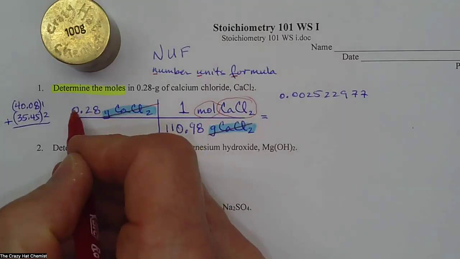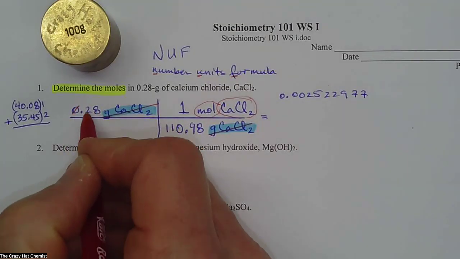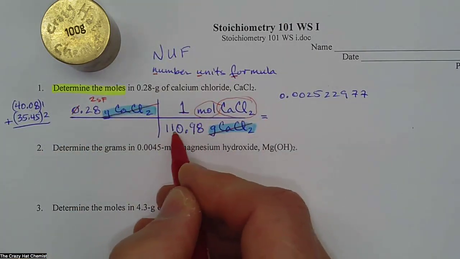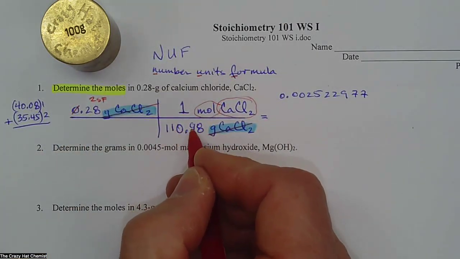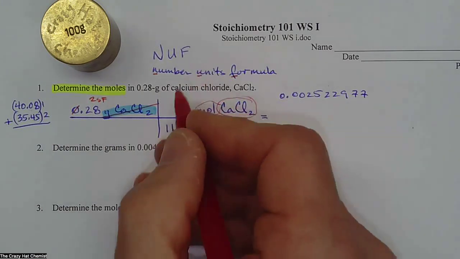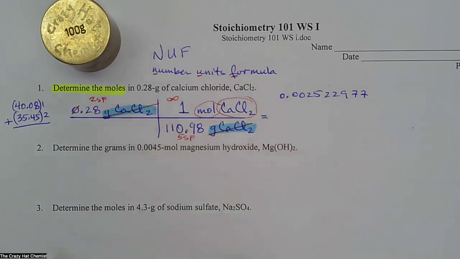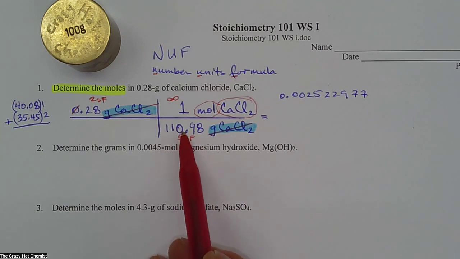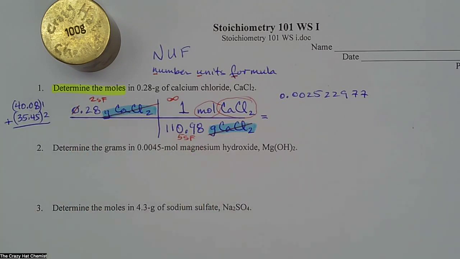This number has leading zeros, which do not count. This number has 2 significant figures. This denominator number has 1, 2, 3, 4, 5 significant figures. And this 1 is an infinite number of significant figures because it's a definition, that is 1 mole is equal to that molar mass. Captive zeros count. Leading zeros do not count.